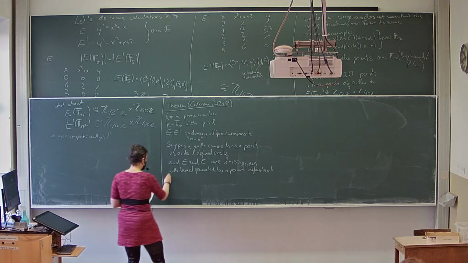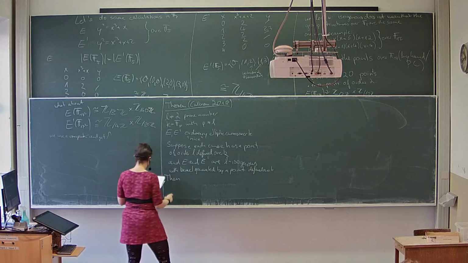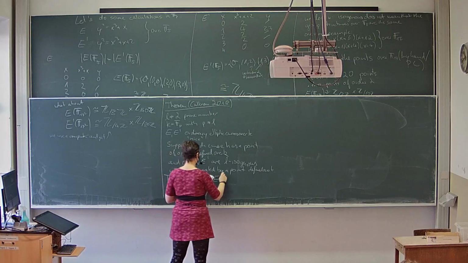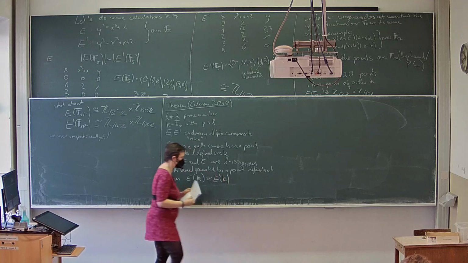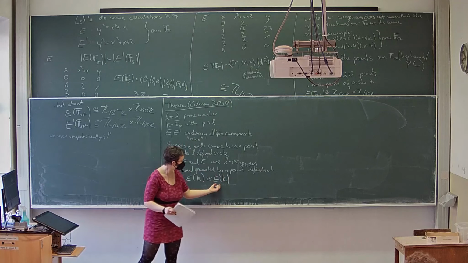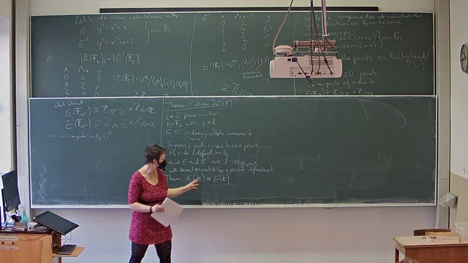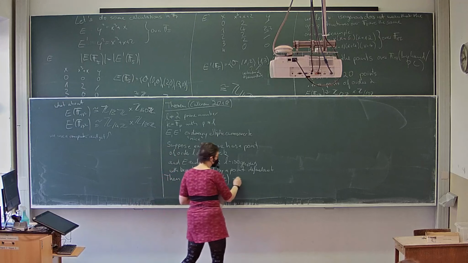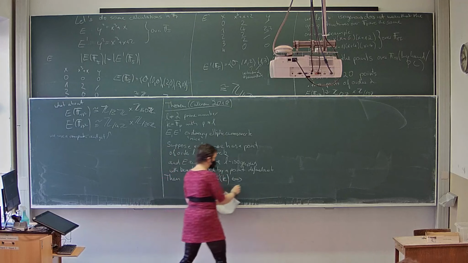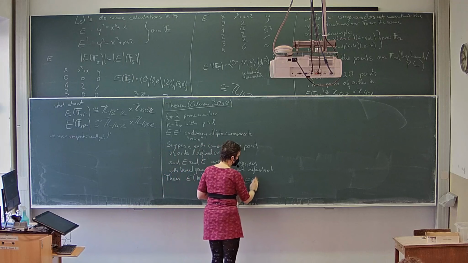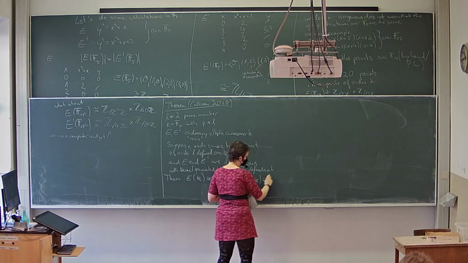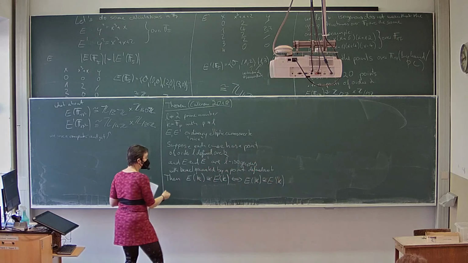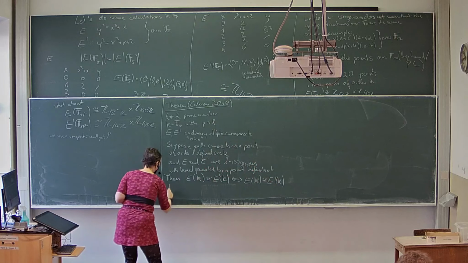And then the K rational points, so K was the finite field Fp, of those curves are isomorphic if and only if they're isomorphic for all finite extensions.